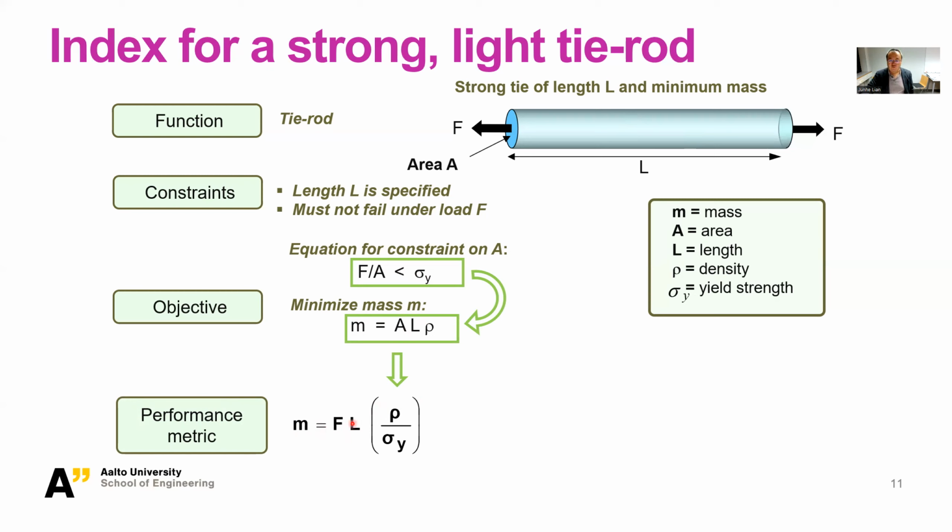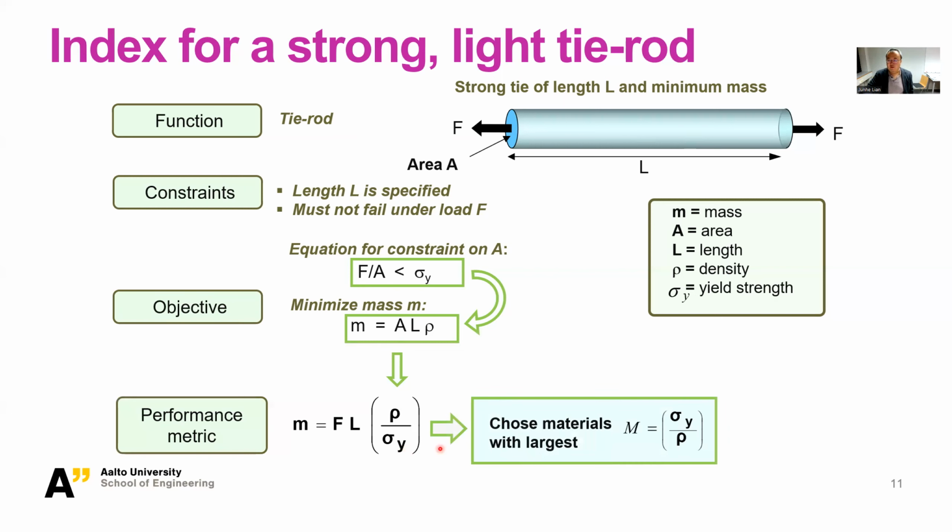These are all fixed numbers. If we want to minimize M, we need to minimize rho over sigma y. In other words, we need to maximize sigma y over rho, right?